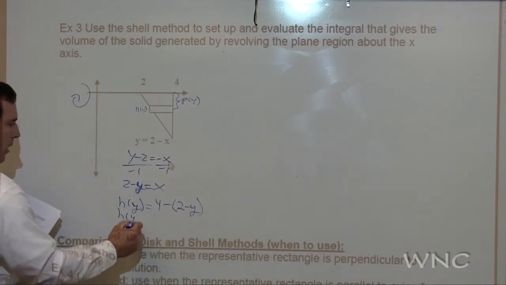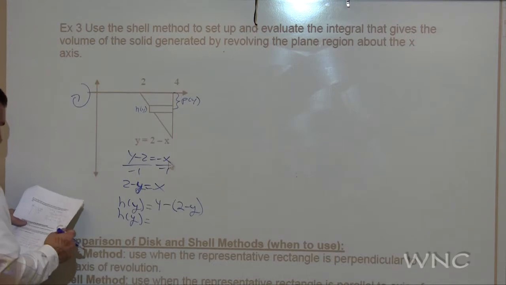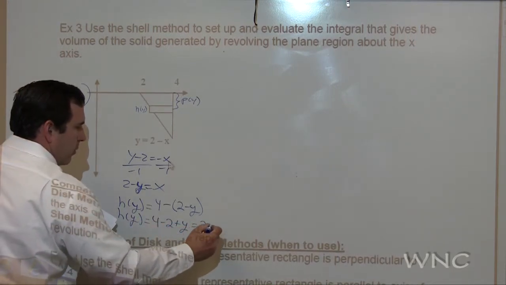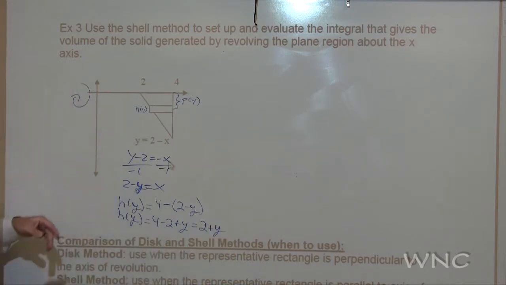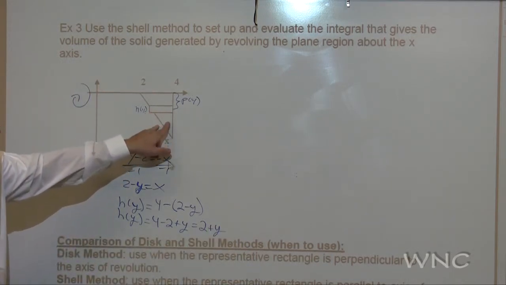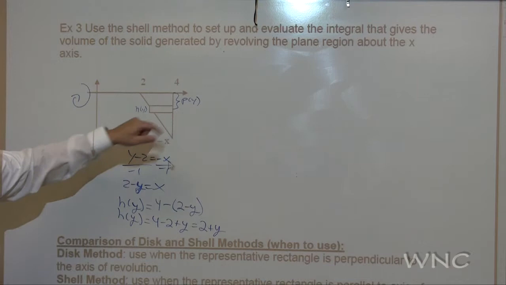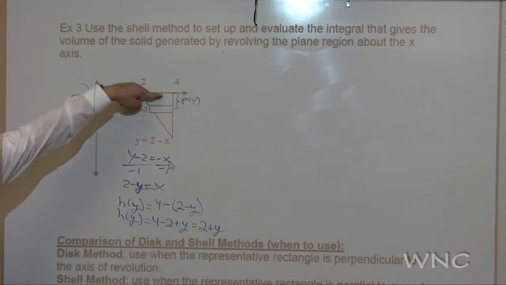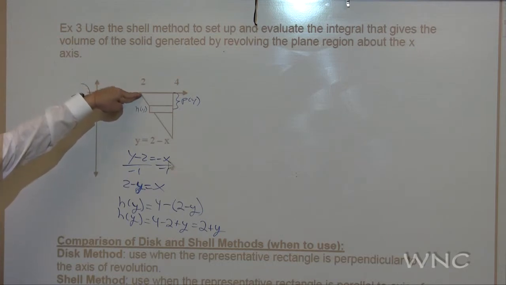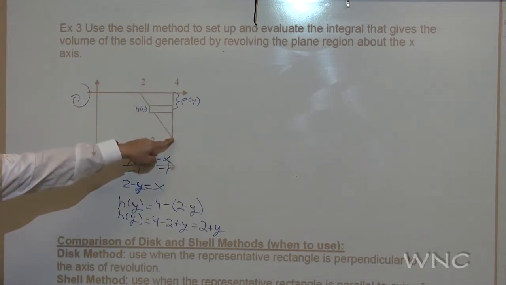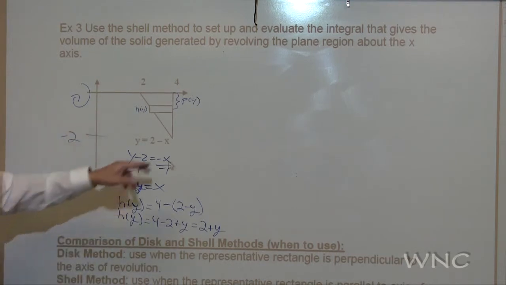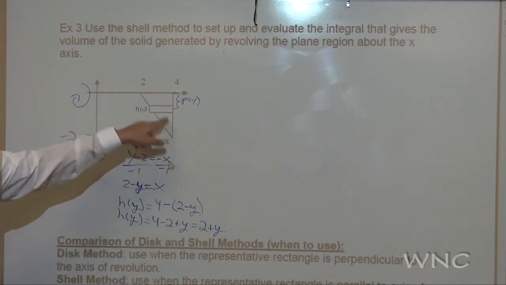So h of y is going to be 4 minus 2 plus y, which is 2 plus y in the end. So we can determine what h is going to be based on 2 plus y. So if y is 0, we're at 2. This distance is 2. If y was down here at negative 2, this distance is going to be 0.